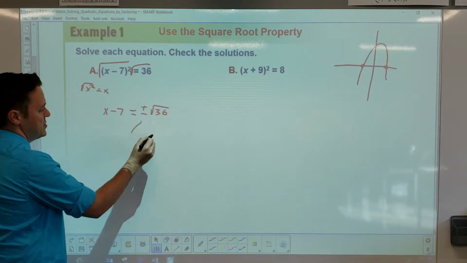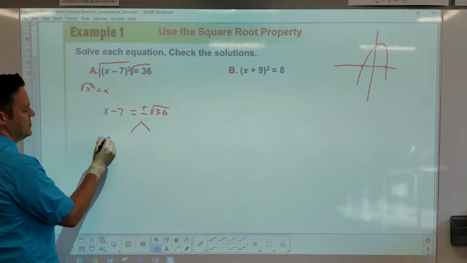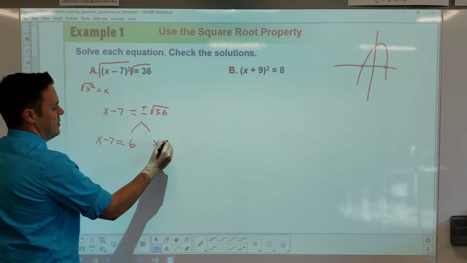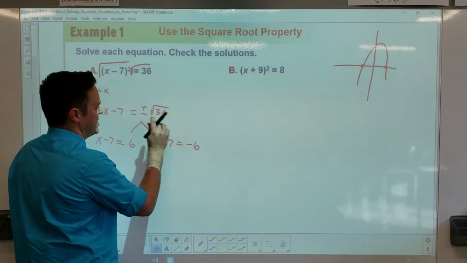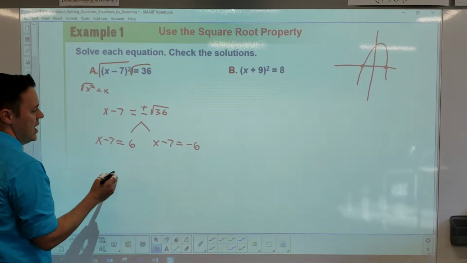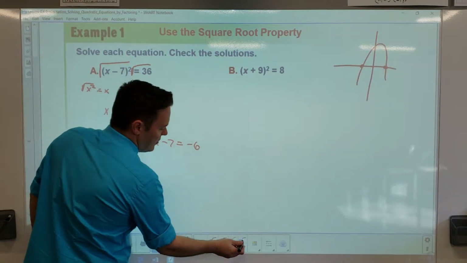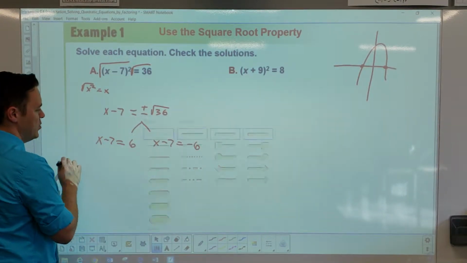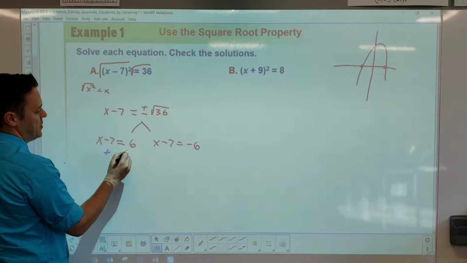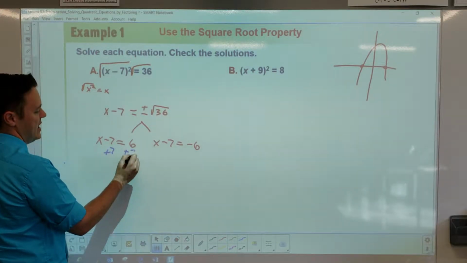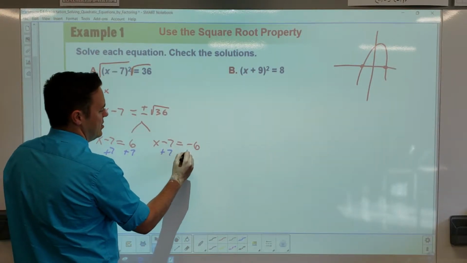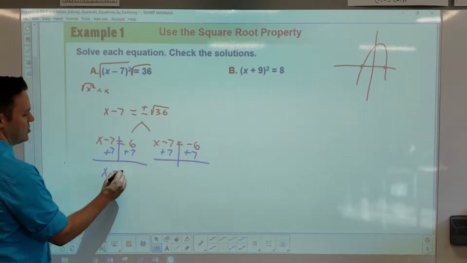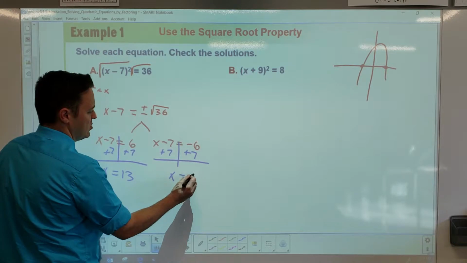You split it in two: x minus 7 equals 6, the plus, and x minus 7 equals negative 6, the negative square root. Then you simply solve it, adding 7 to both sides, and you do your math. x equals 13, x equals 1.